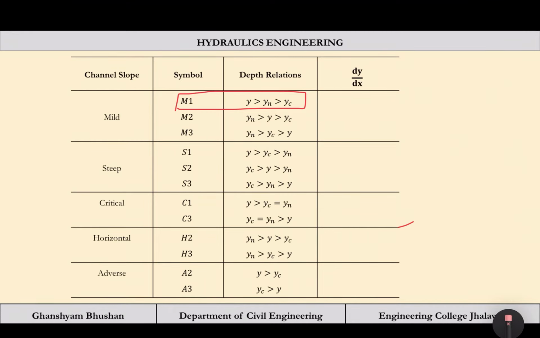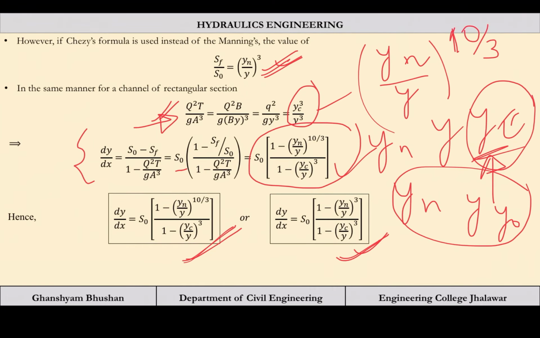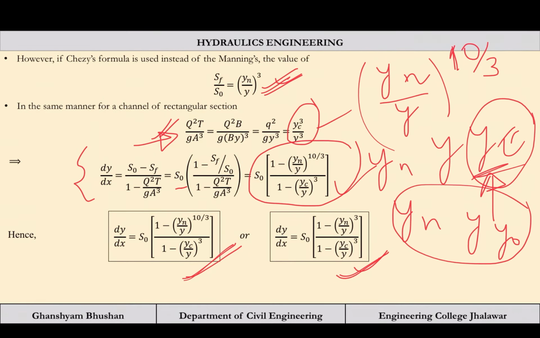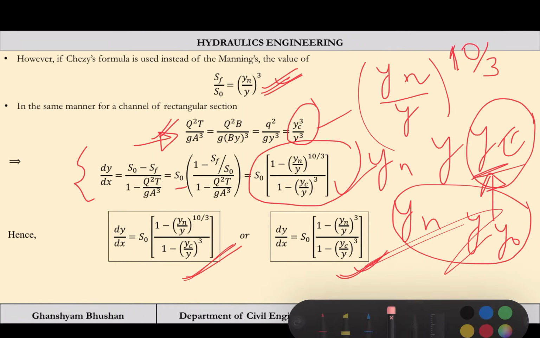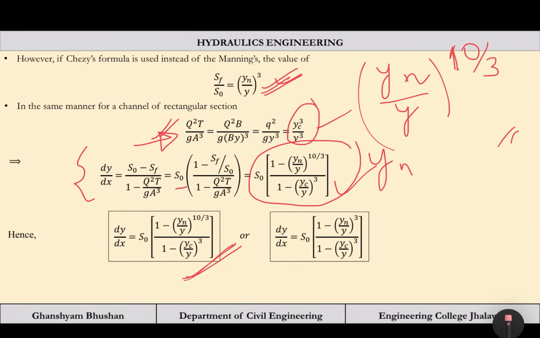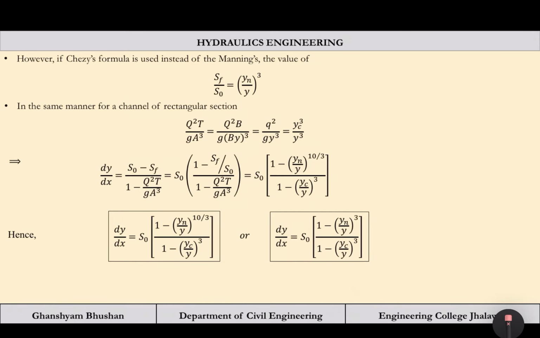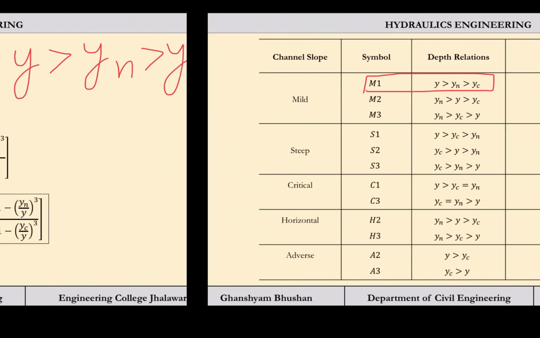Just remember y greater than yn greater than yc. So the relationship is y greater than yn greater than yc. Okay, so this is clear.